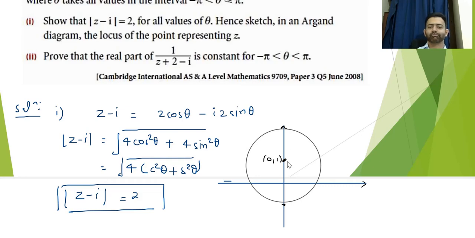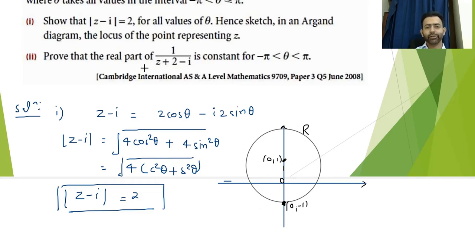So this is your circle, and it is intersecting at this point, which is 0 comma minus 1, because this distance has to be 2. This is 1, this has to be 1 because the radius is 2. All these z will lie on the boundary of the circle. So this is your region R.